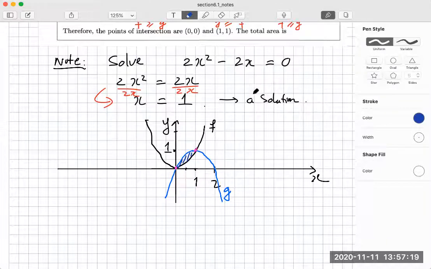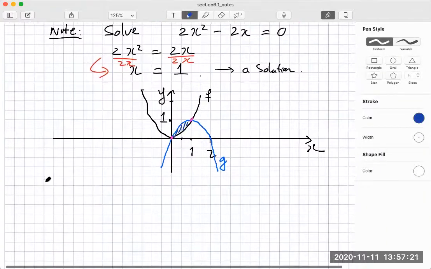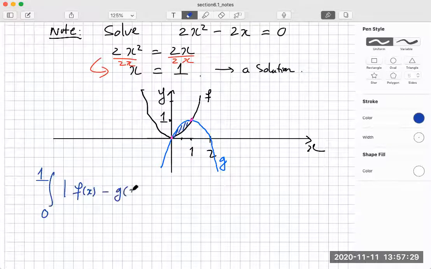And you can do it from the formula. It is the integral from 0 to 1 of the absolute value of f minus g of x dx. Okay? And our job is to compute this integral.